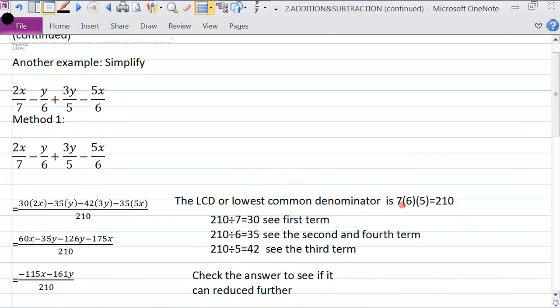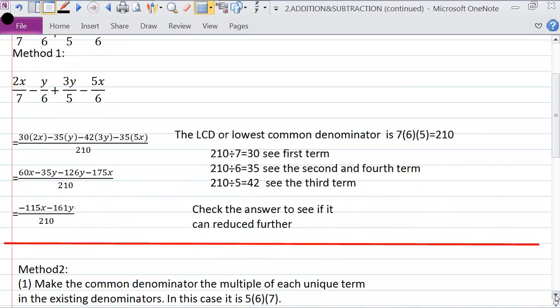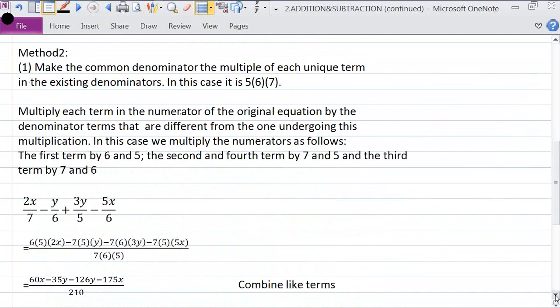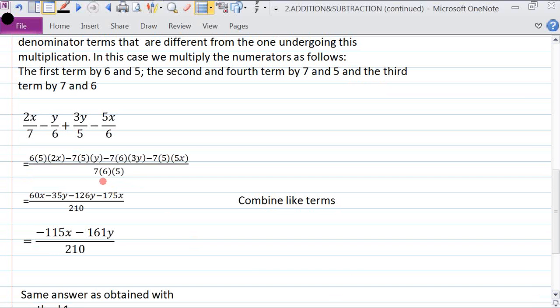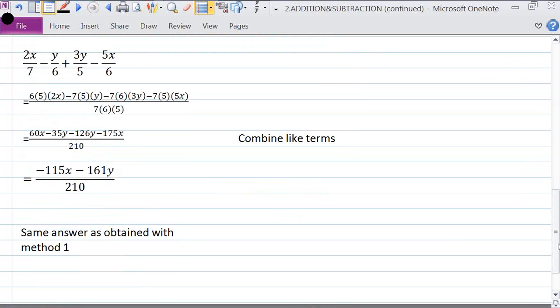If you're good at your math, you can realize what the lowest common multiple is. If you're not very confident, then you can do it this way. Now, when you do it this way, you will often have to reduce, so you have to be careful here. That's why, when you get to the final answer, you should always ask yourself, can this be reduced?